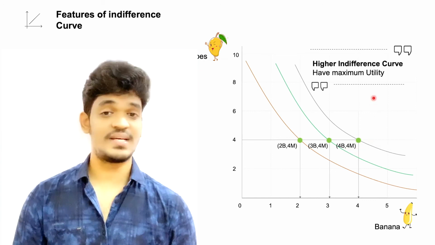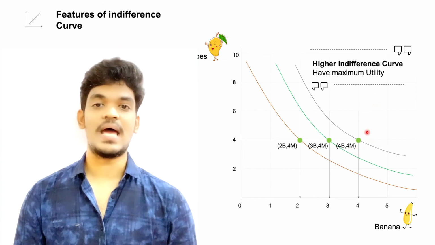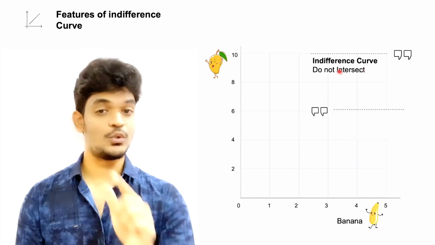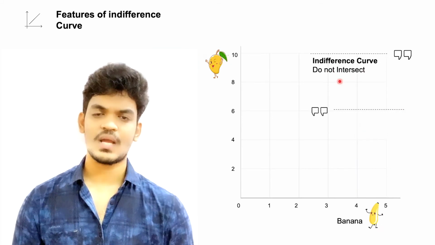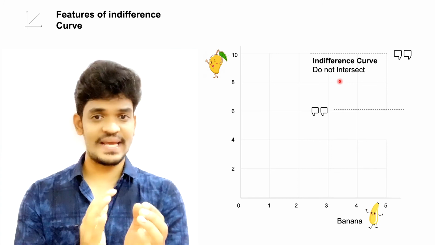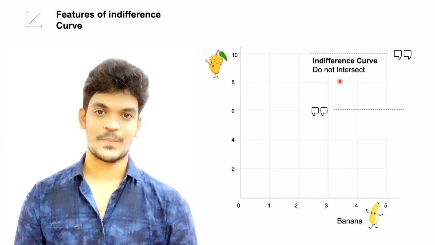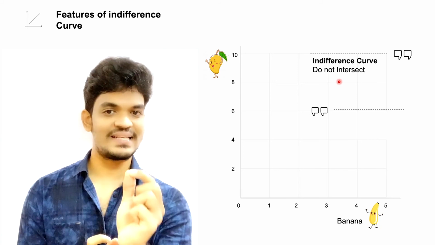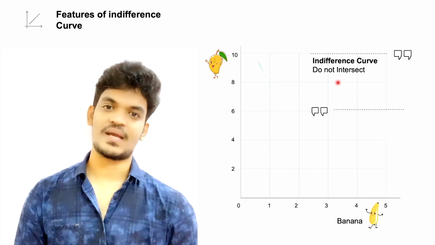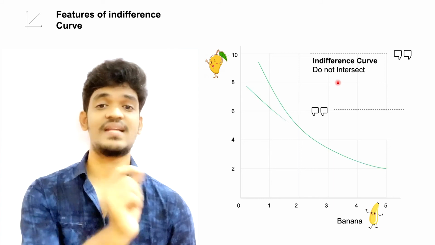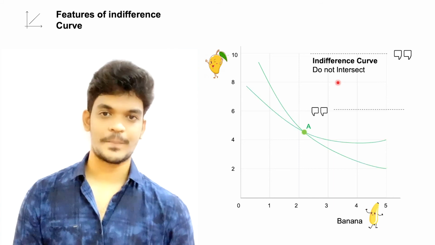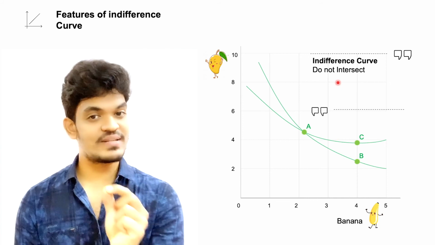Okay. Next, the third important feature is that indifference curves do not intersect. I'll prove this by making the indifference curves intersect. Let the intersection point be A, and let's plot B and C on the two indifference curves. What does the indifference curve mean?